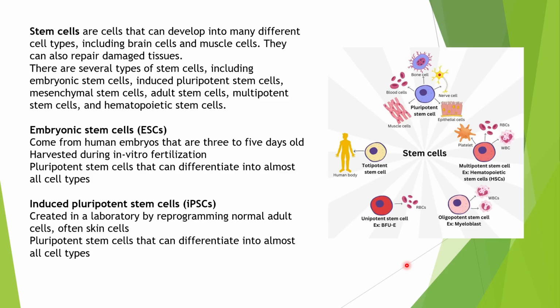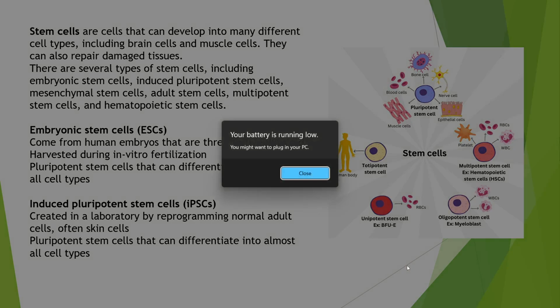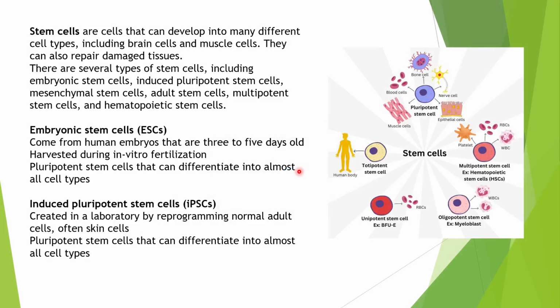So there is also stem cell therapy for different organ damage. There are several types of stem cells, including embryonic stem cells, induced pluripotent stem cells, mesenchymal stem cells, adult stem cells, multipotent stem cells, and hematopoietic stem cells.